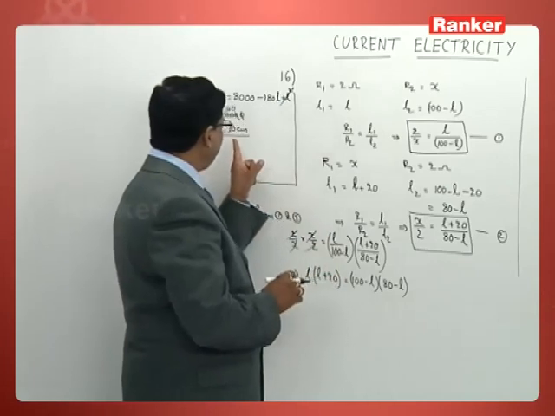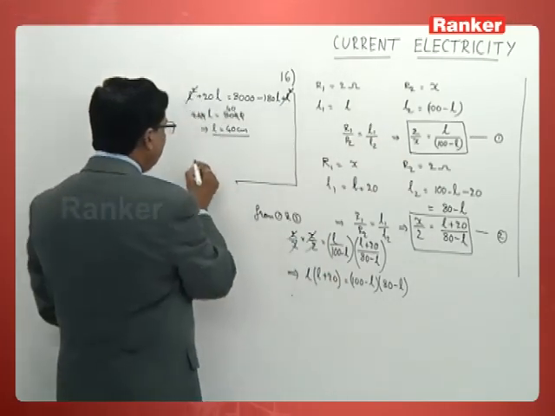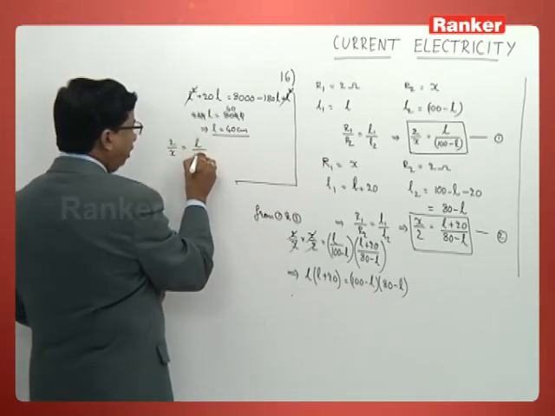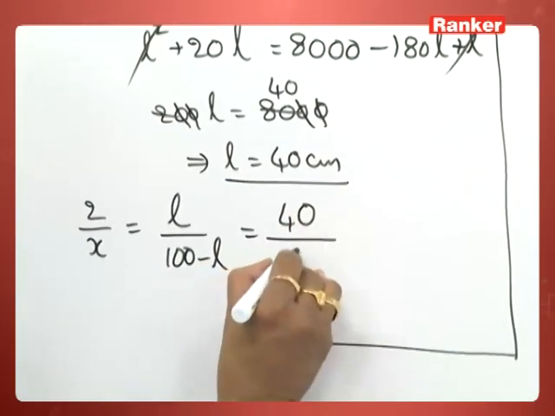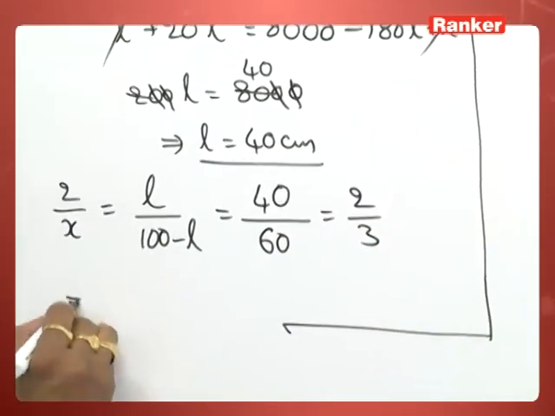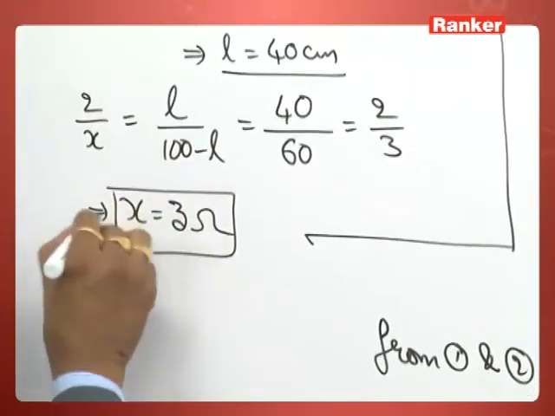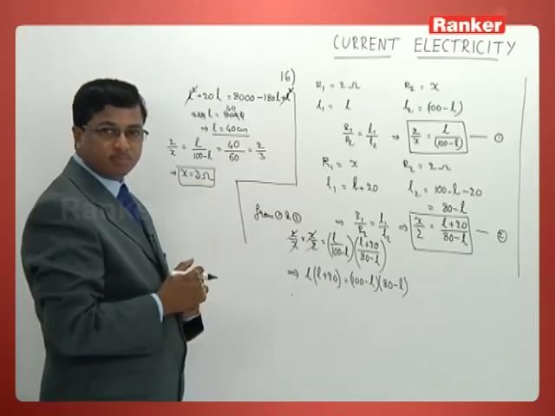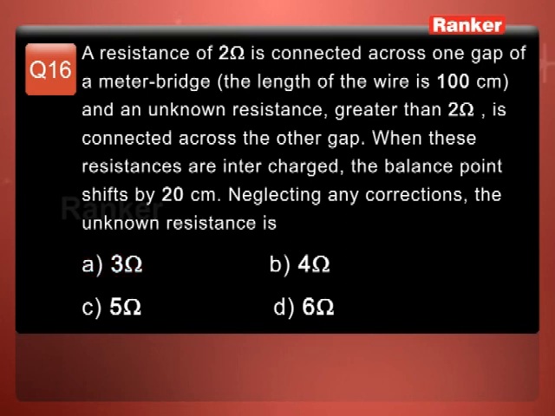So substitute this value in the first equation. What will you get now? 2 by x is equal to L by 100 minus L. So L is 40, 100 minus 40 is 60, which is 2 by 3. Then what will be the value of x now? 3 ohm you will be left with, because 2 getting cancelled, you are left with 3 ohms. 3 ohm is the correct value of unknown resistance there.